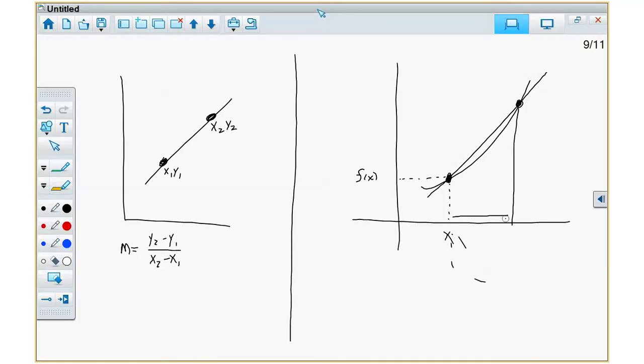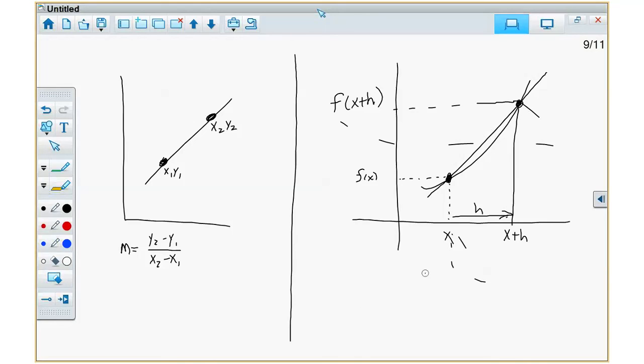This point, then this distance right here, is h. We'll call it h. This is x plus h. And this is f of x plus h. Okay? Now, we're still in algebra.